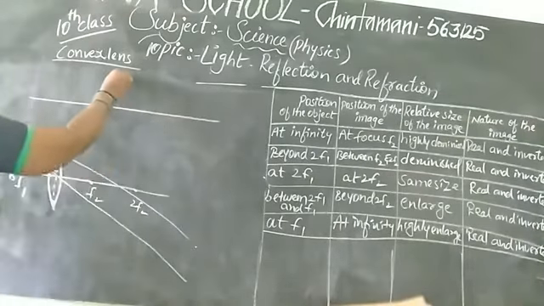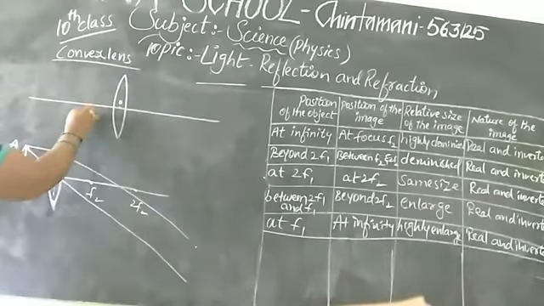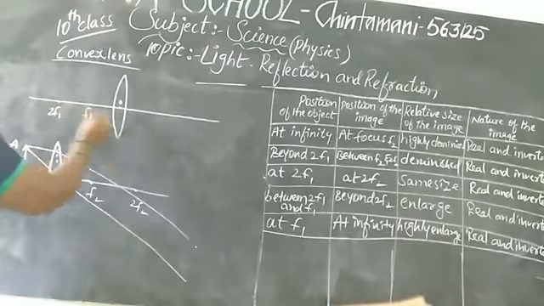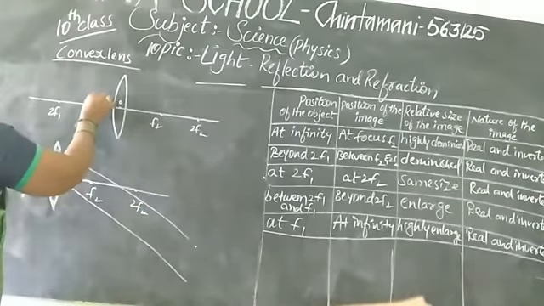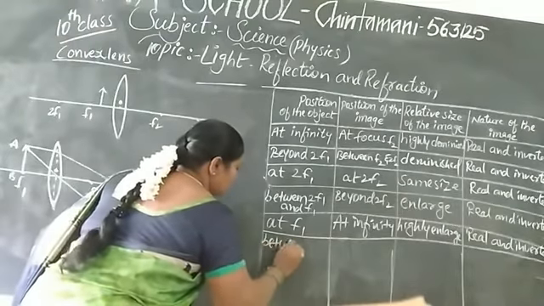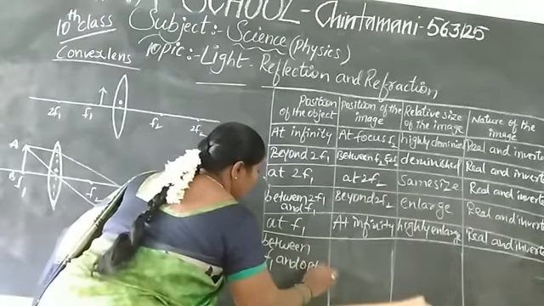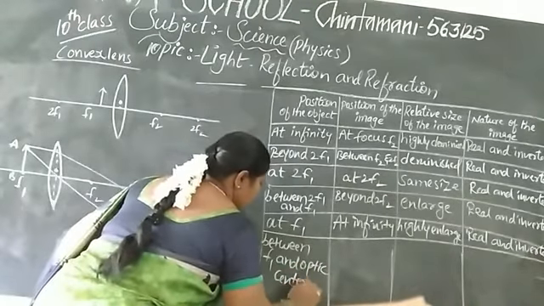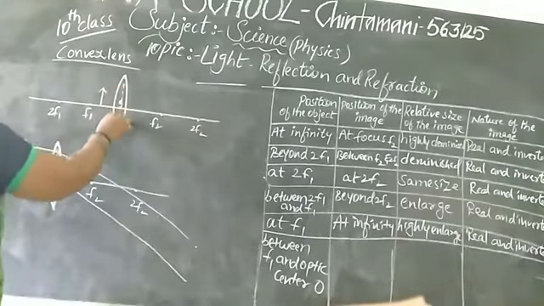So the principal axis, let me draw the lens, optic center O, F1, 2F1, F2, 2F2, and the object is between F1 and optic center O. Then where is it going to form the image?